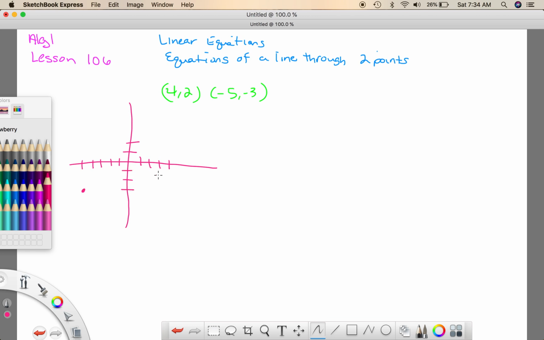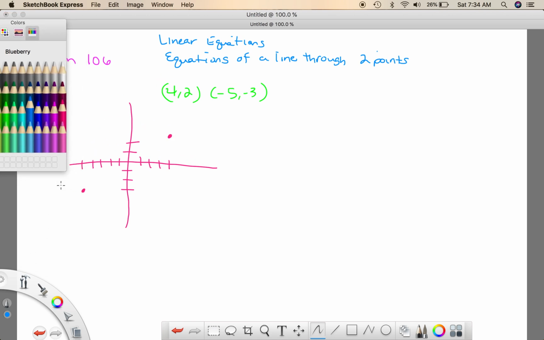So there's this one and there's this one. When we graph it and we connect the dots, mine's not perfect, but we're going to pretend it went through the 2 dots. There's our line.